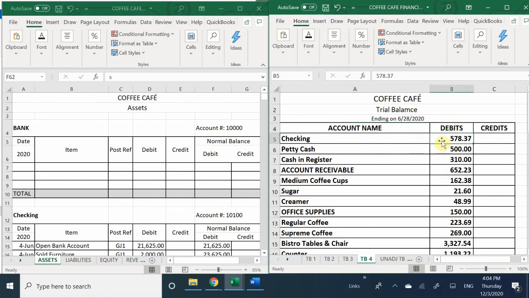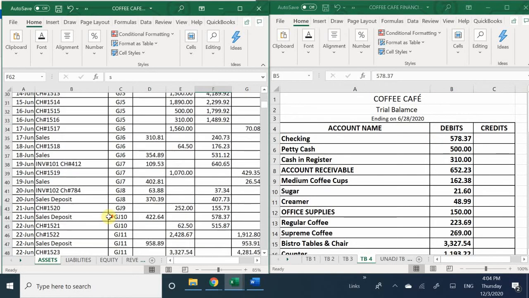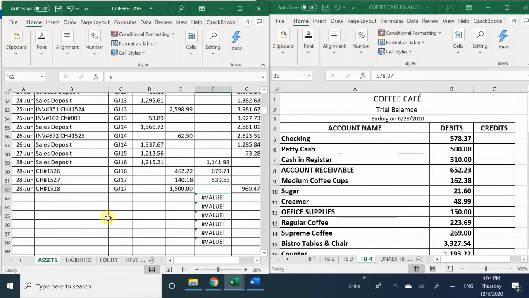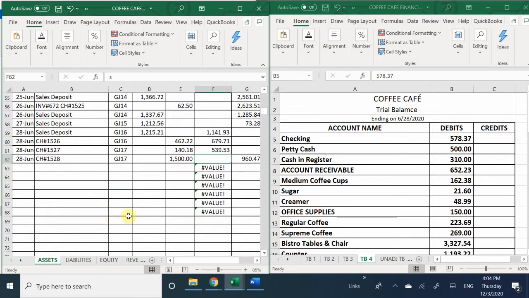What is our balance in our checking account? Negative, okay? So you don't want to put a negative in here. You want to put it in its proper column. In this case, a negative is going to reflect as a credit in our balance. So we don't have this 5,000 anymore.